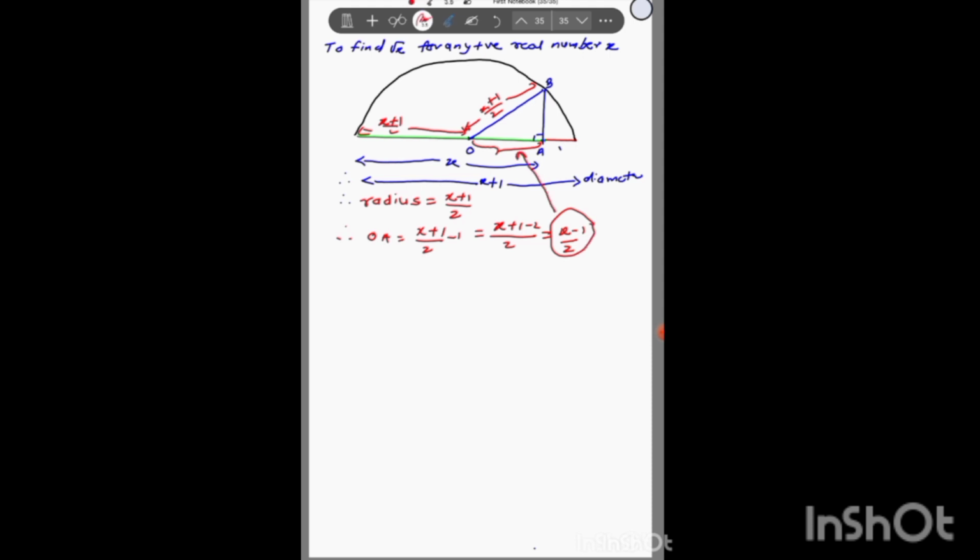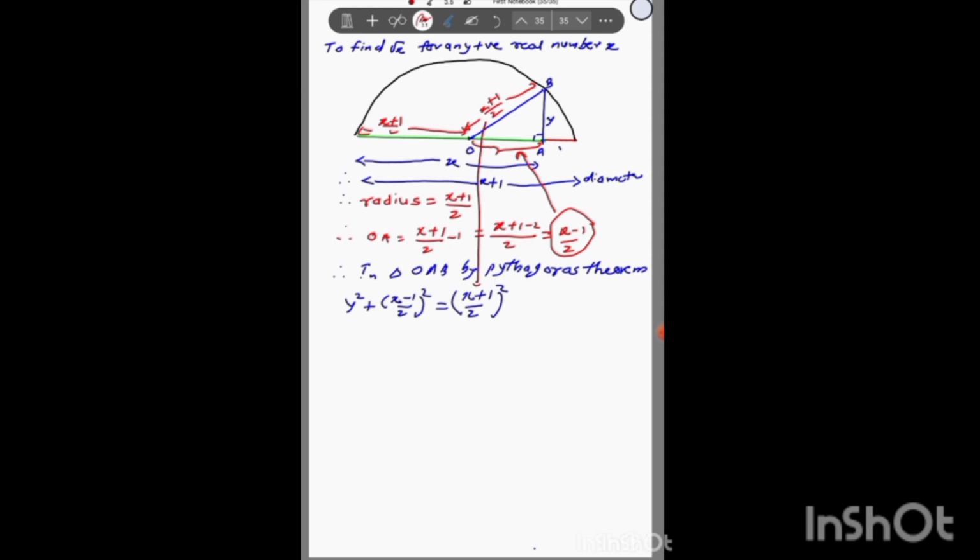Now concentrate on the triangle OAB again. In triangle OAB, applying the Pythagoras theorem, for simplicity we call AB as y. So we get y square plus x minus 1 divided by 2 square equal to the hypotenuse x plus 1 divided by 2, which is equal to the radius.